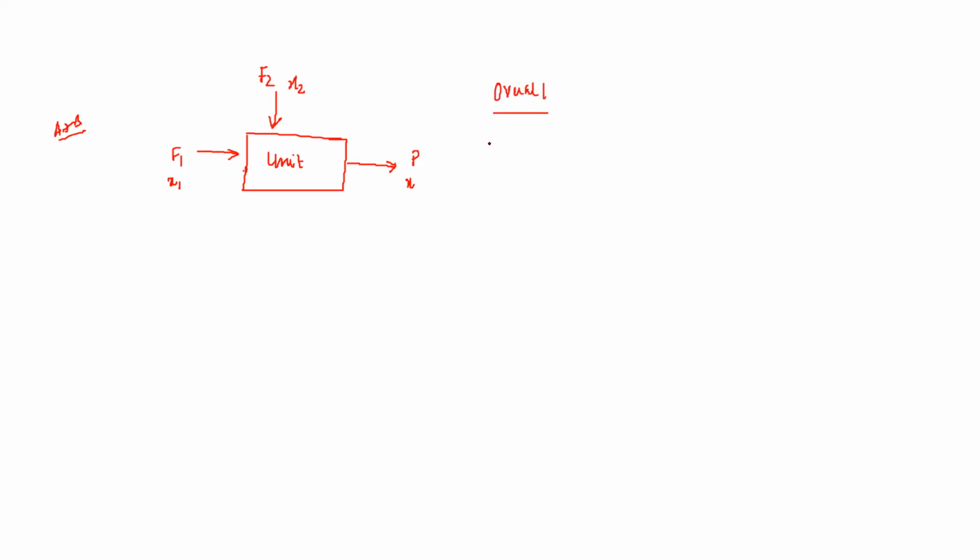The overall balance equation does not consider composition. It only requires the input and output streams. So this is my first equation. The next n equations I can make depend on the number of components. If I have two components, I'll make two component balance equations.